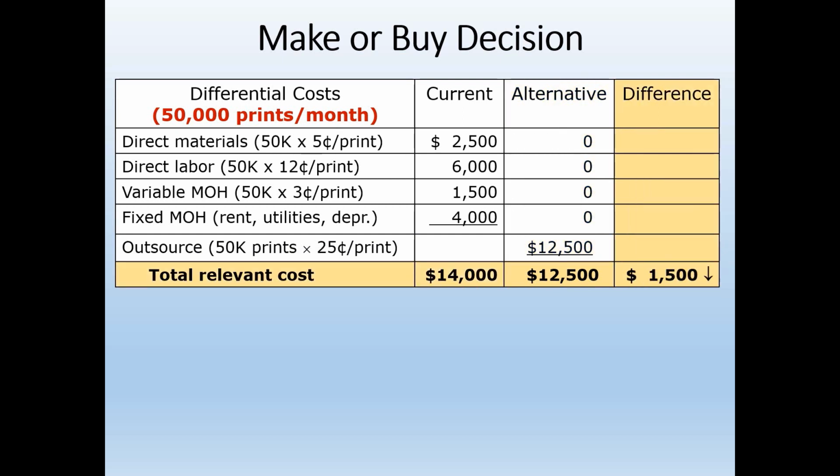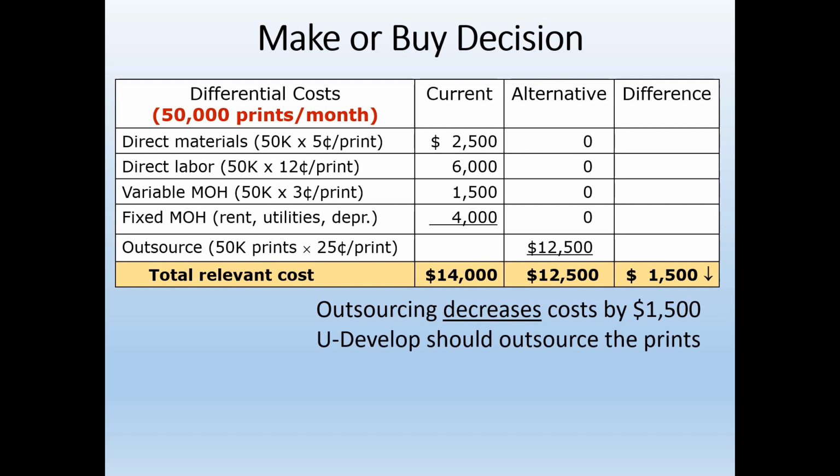The difference between making the prints and outsourcing them is $1,500. In other words, outsourcing decreases the cost of making the prints by $1,500. So UDevelop should probably outsource the prints.